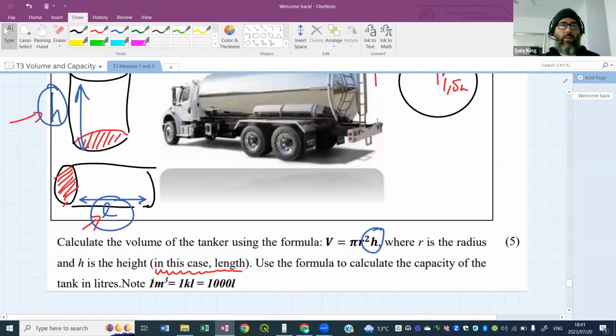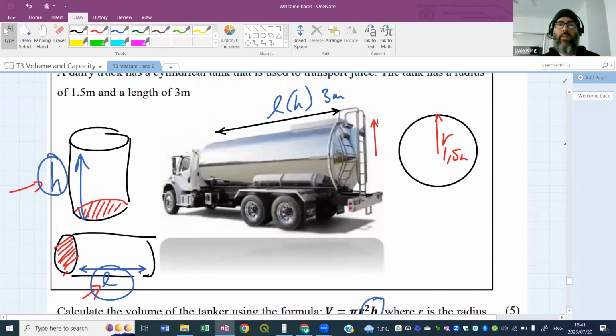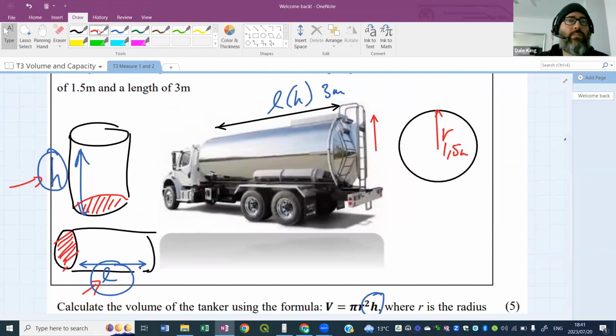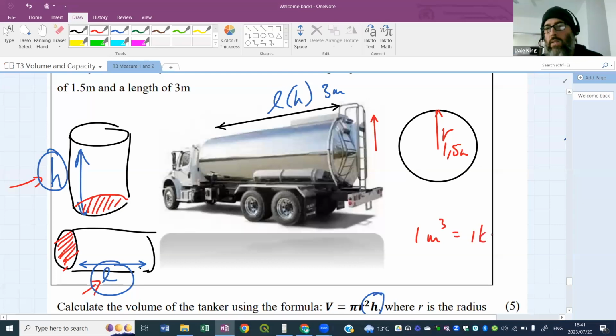And I'll write this here, 1 cubic meter is 1,000 liters. All right, I'll write the conversion here. 1 cubic meter is 1 kiloliter, which is equal to 1,000 liters. That's what they want to know.